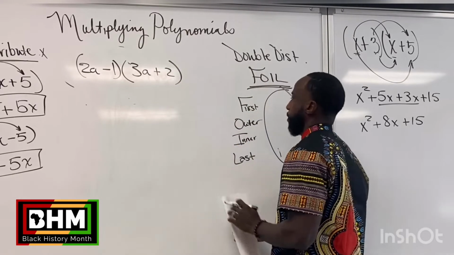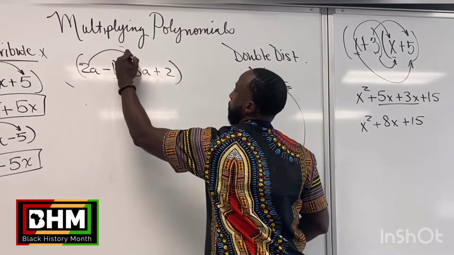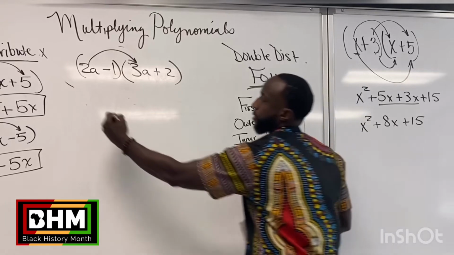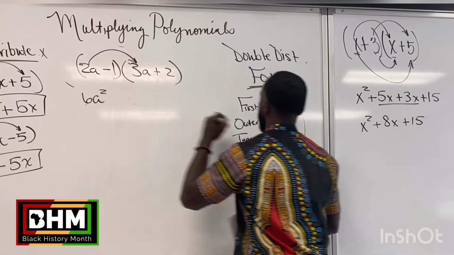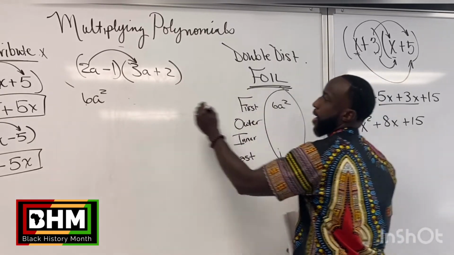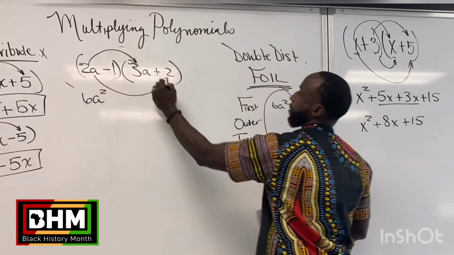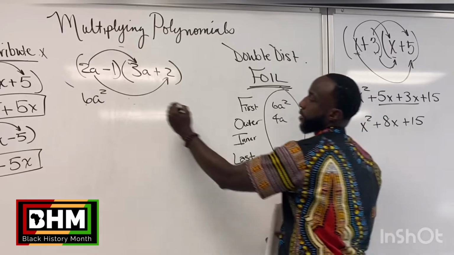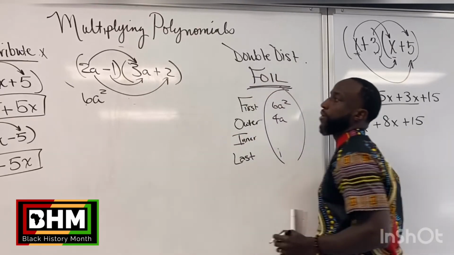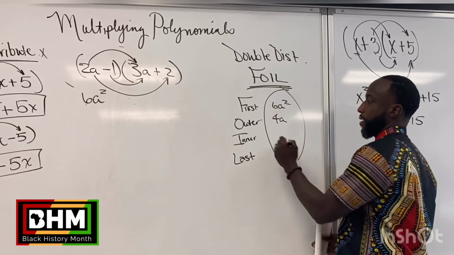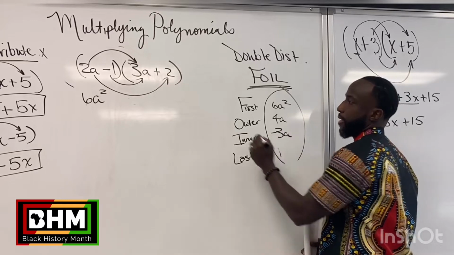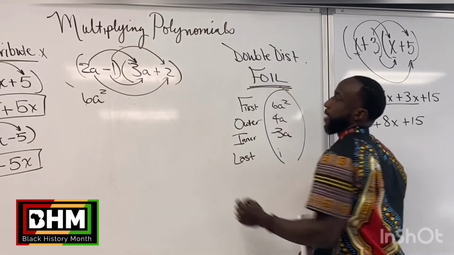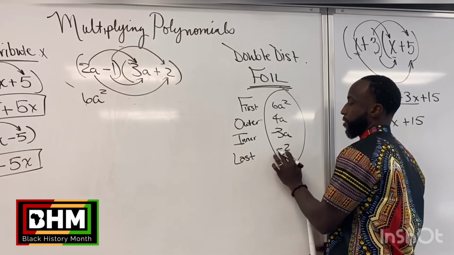First terms: 2a times 3a is 6a squared. Outer times outer: 2a times 2 is 4a. Inner: negative 1 times 3a is negative 3a. And then last: negative 1 times 2 is negative 2.